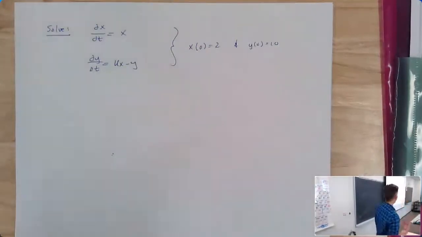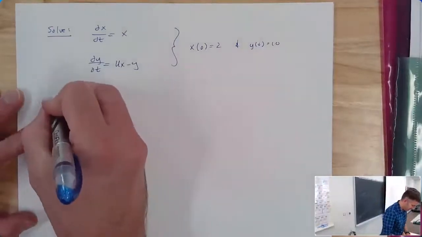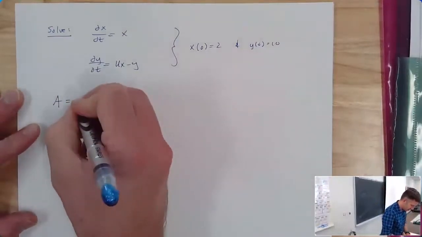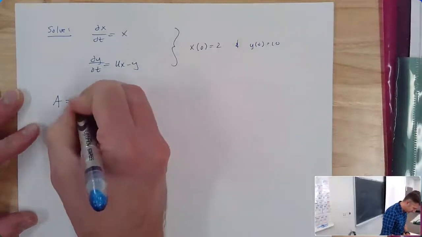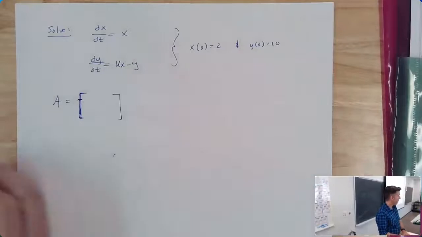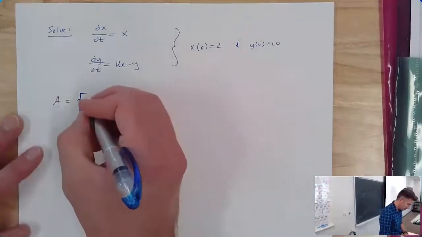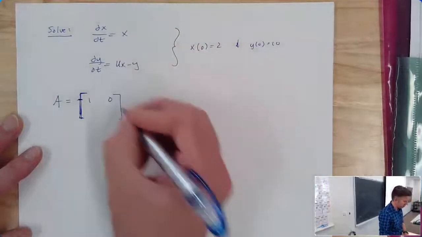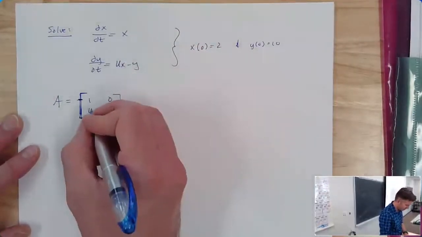So if I was going to solve the system of equations, the first thing you really want to write down is what the coefficient matrix is. So my coefficient matrix A is just the coefficients of x in the first column, coefficients of y in the second column. So it's 1, oh, there's no y there, so 0, and then 4, negative 1.